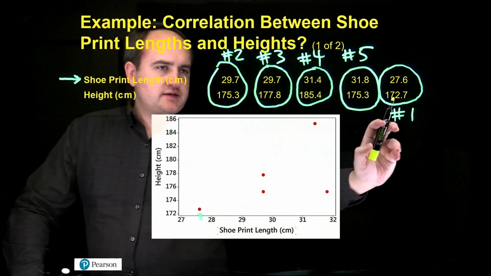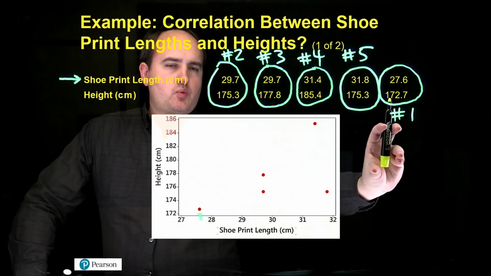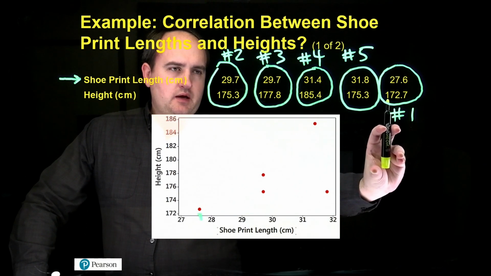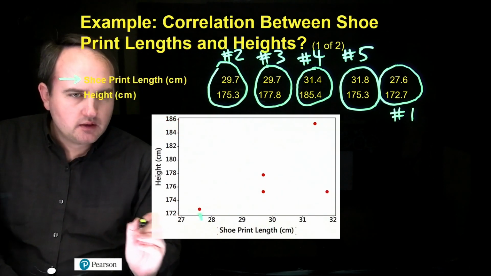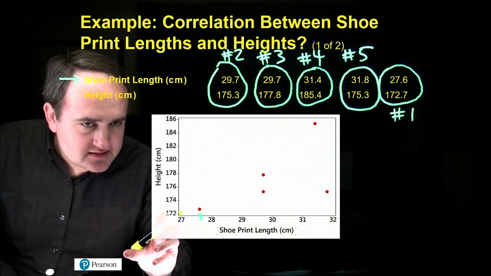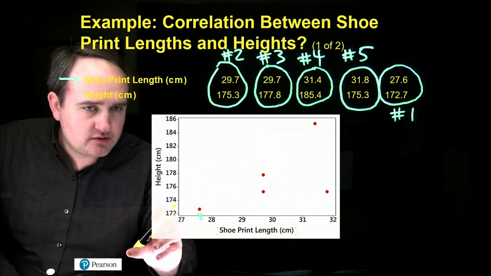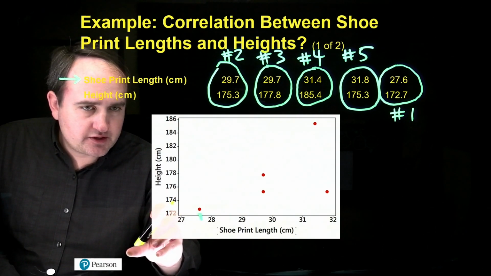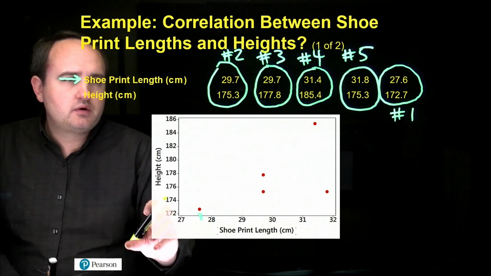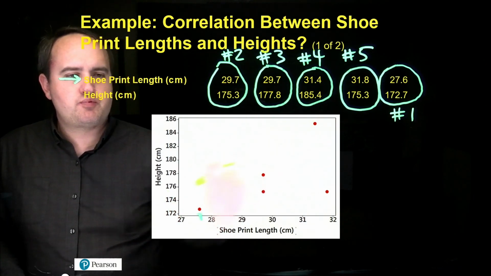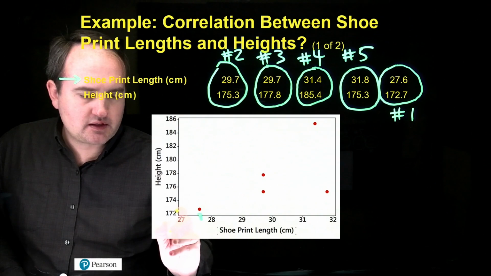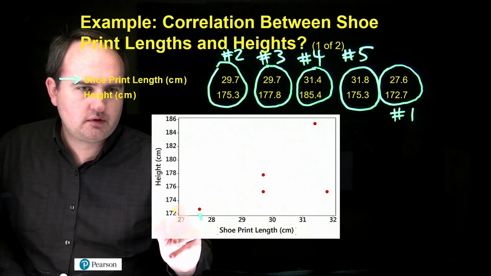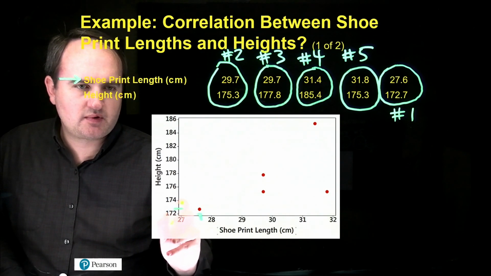And then on the y-axis, this first number 1 is going to be 172.7. So this y-axis happens to start at 172. This next tick mark is 174. And so 172.7 is going to be a lot closer to the 172. So that's going to be right there.